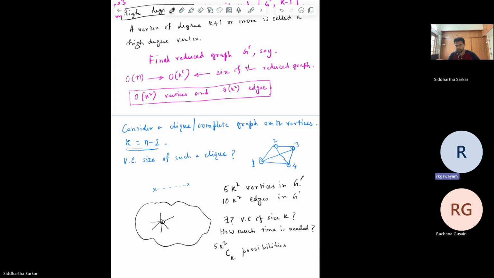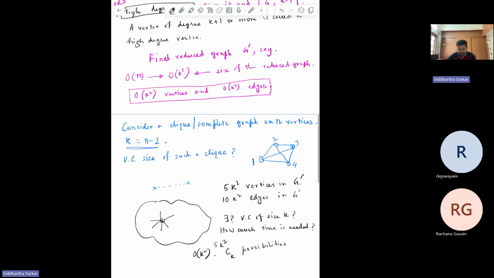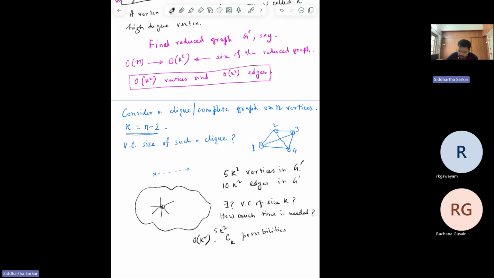And this entire thing needs to be multiplied by a factor of order k squared, because for each candidate you need to check whether it indeed is a vertex cover. So many candidate possibilities plus so much time. But even then, this is a polynomial in k.